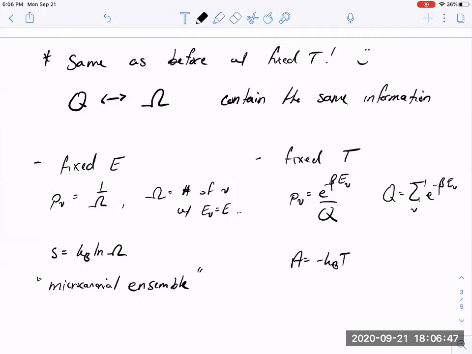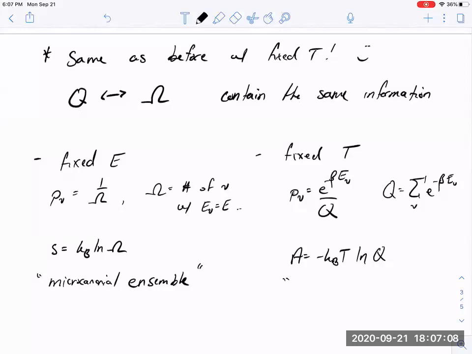Namely, if we give units to the Helmholtz free energy as kBT, a thermal energy scale, and take the log of Q, we arrive at a microscopic definition of the Helmholtz free energy as just the log of the partition function under fixed T, the partition function in this case being that of the so-called canonical ensemble.